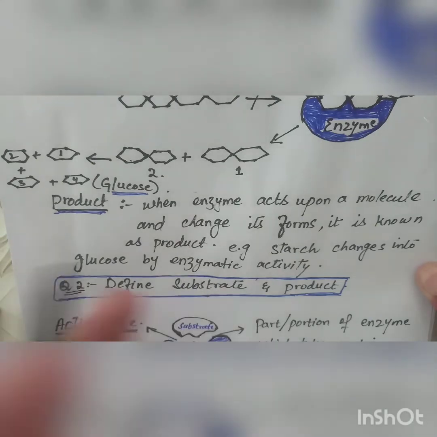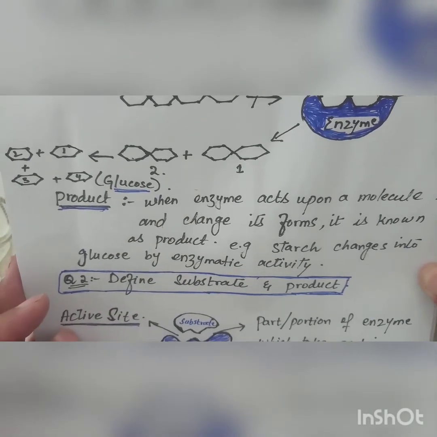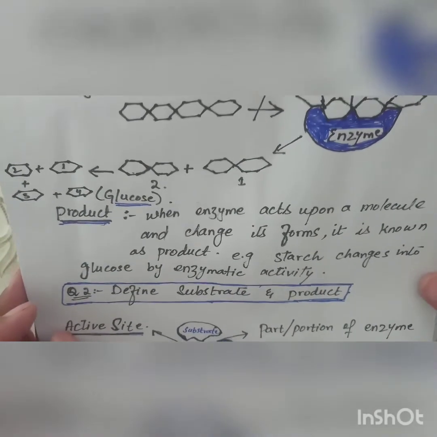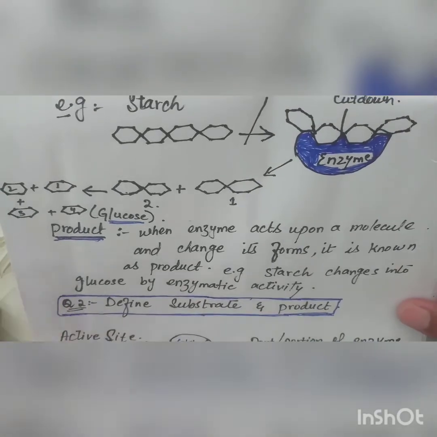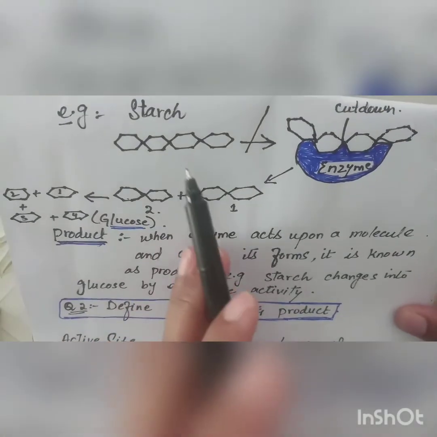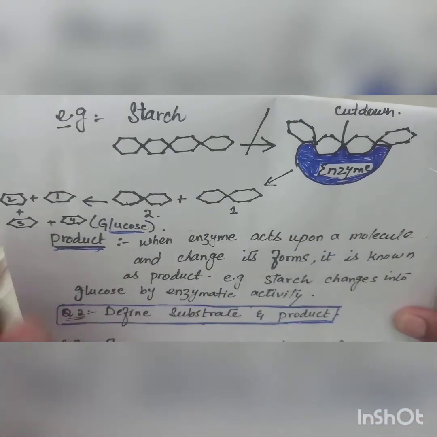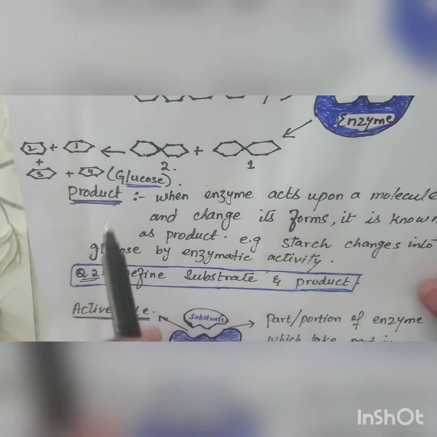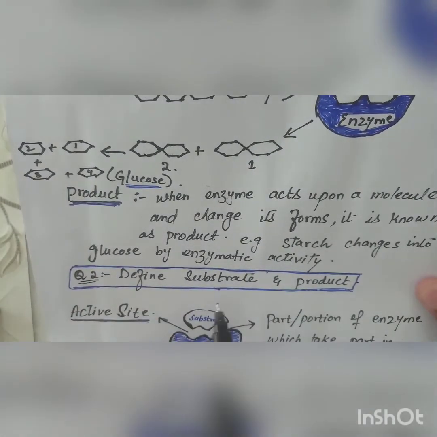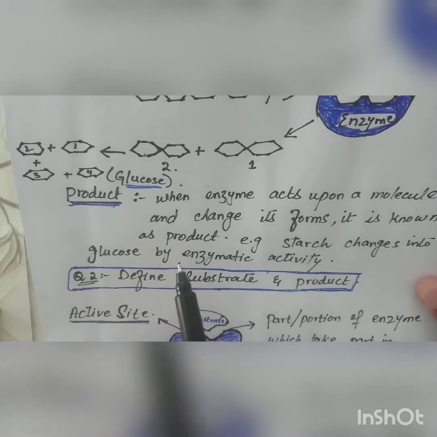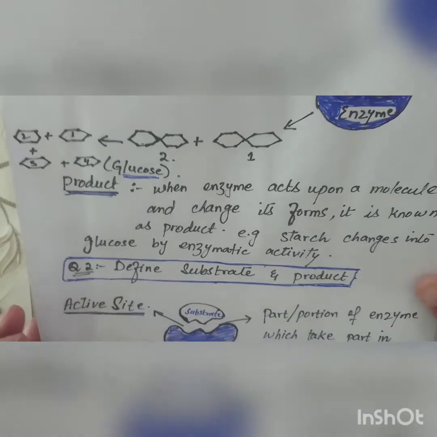The final thing that we get after a chemical reaction is known as a product. For example, in the above reaction, starch is a substrate upon which the enzymes act and change it into glucose molecules. So glucose is the final product, right?